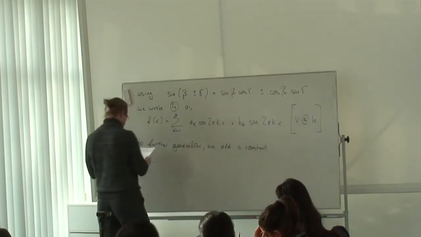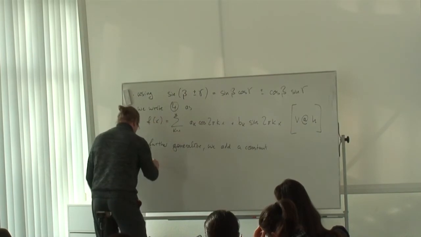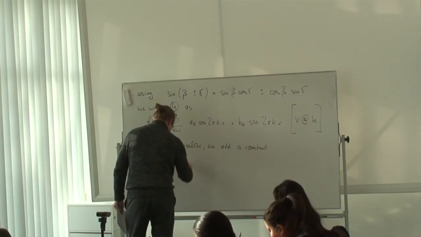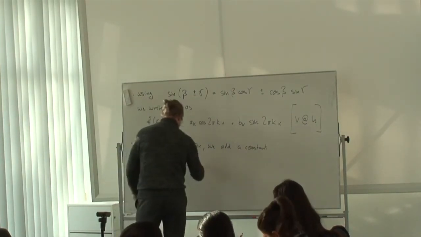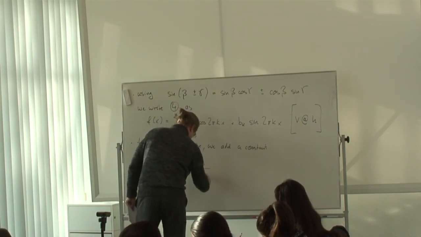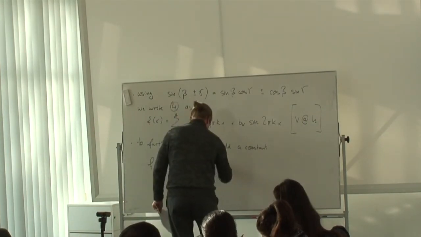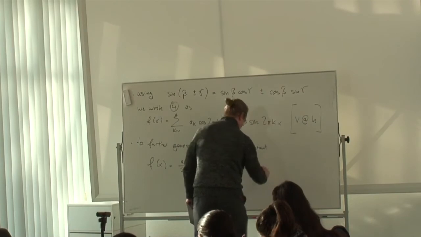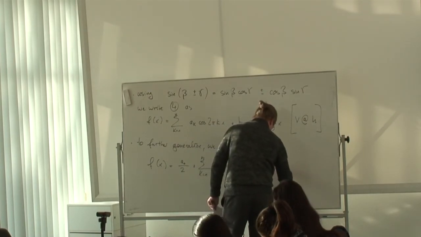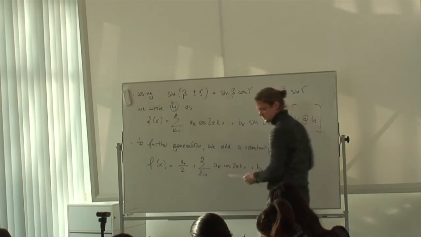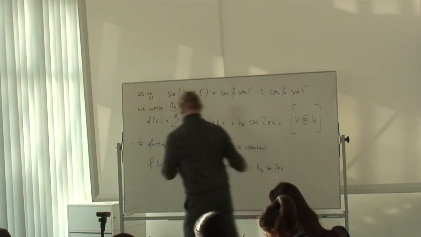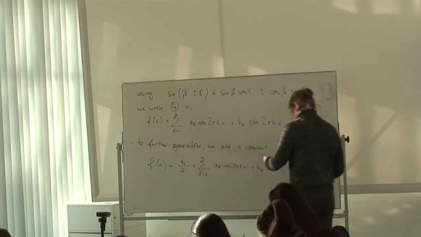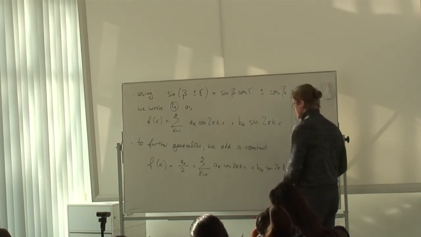And that is to say that from now on we will be interested in functions f of x that can be written as a naught over 2 plus the sum where k ranges from 1 up to n of a_k cosine 2 pi kx plus b_k sine 2 pi kx. This thing is called equation 5.